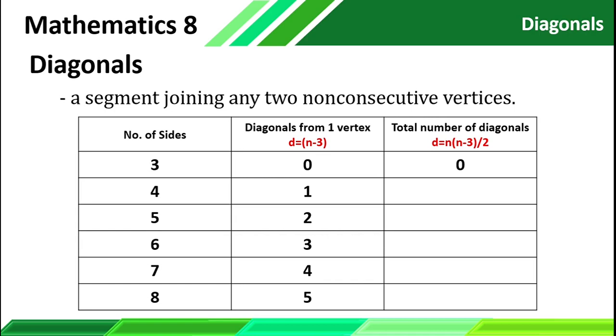Therefore, there are no diagonals in our triangle. Now, if we have a quadrilateral, we can have two diagonals. Why? Because 4 minus 3 is 1, 1 times 4 is 4, and 4 divided by 2 is 2. And to find the other diagonals, here are the answers.